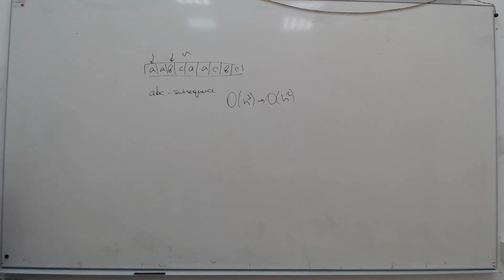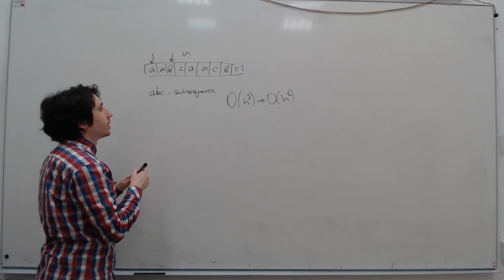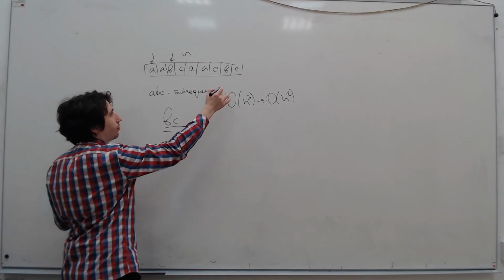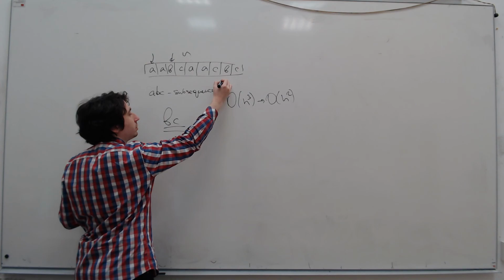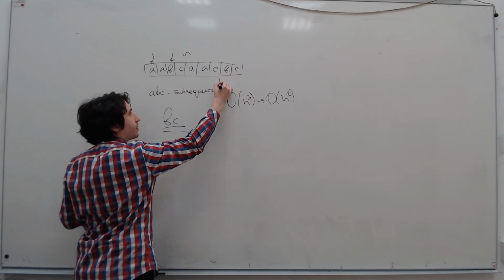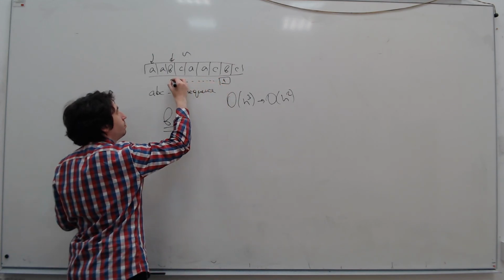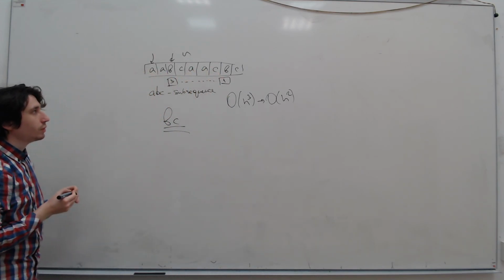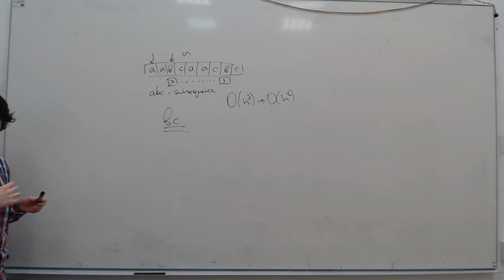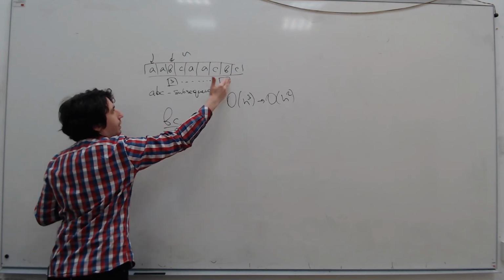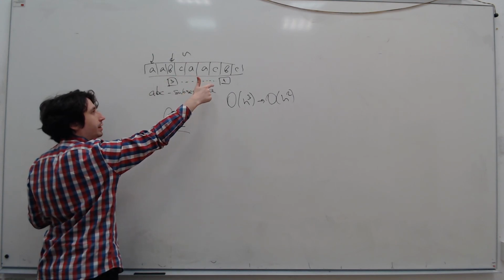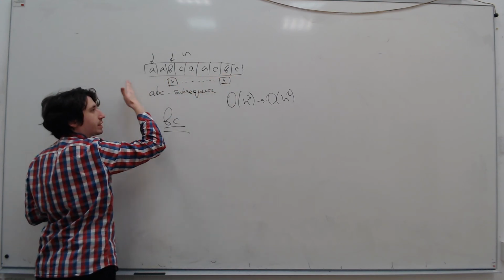Okay, yeah. So at first you calculate the number of BCs on the suffix. You go from right to left, you take B and calculate the number of C's on the suffix. So it will be 1 here. Then you go to B here, and there are 3 C's on the right, so we put 3 here. And then to calculate the number of BCs on the suffix, you go from right to left in this array where we calculated, and add the suffix sum on it.